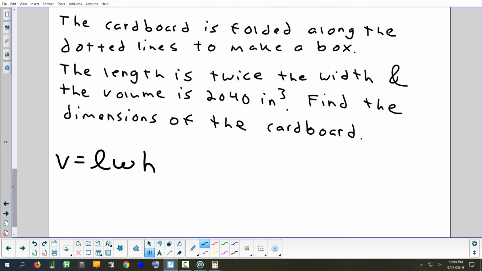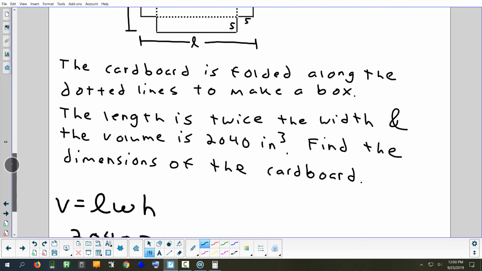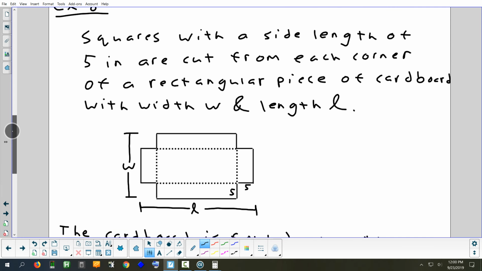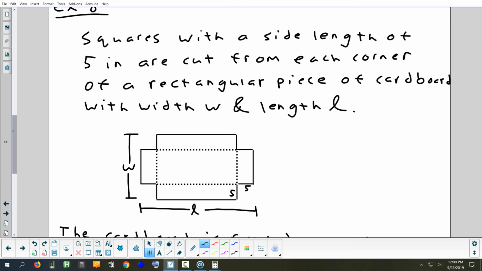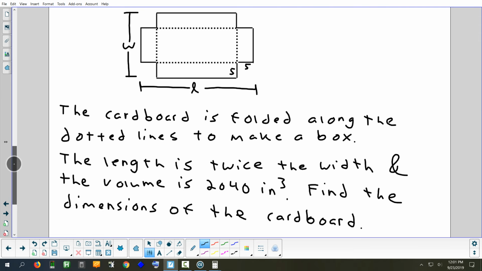Now, what's my volume here? They tell me that. Okay, my length, well, I don't really know my length, so just call it L. Unless, do they give me anything? Well, yes: 2W.